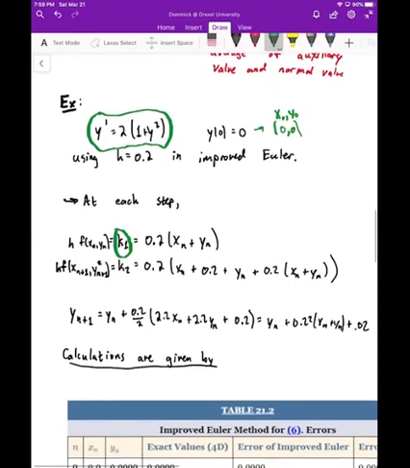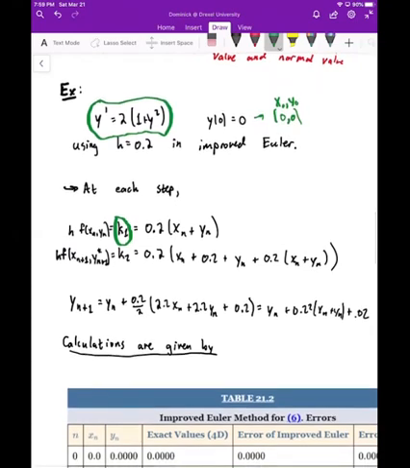And then, right, so this is just h, and this is my f of xn, yn. Okay, and then when we find our new f of xn, sort of with this auxiliary value, that's what's coming in to this thing, right?